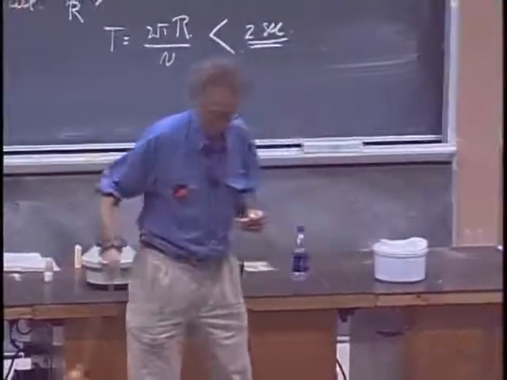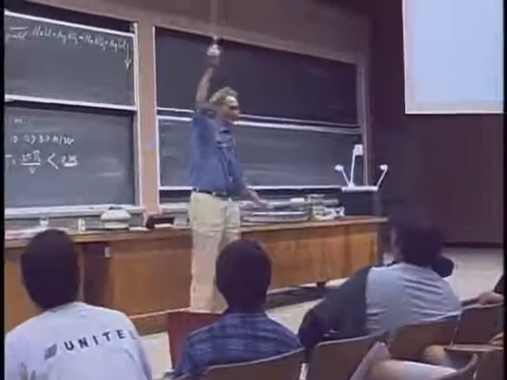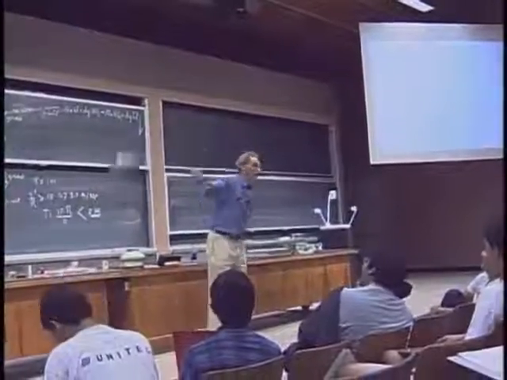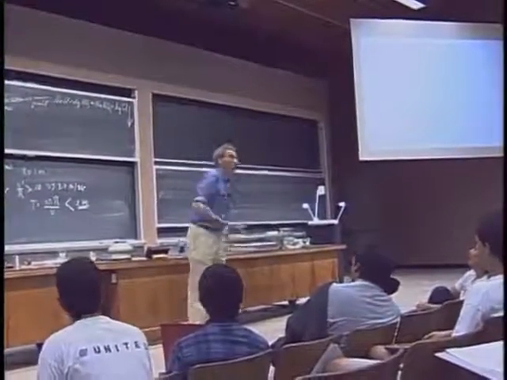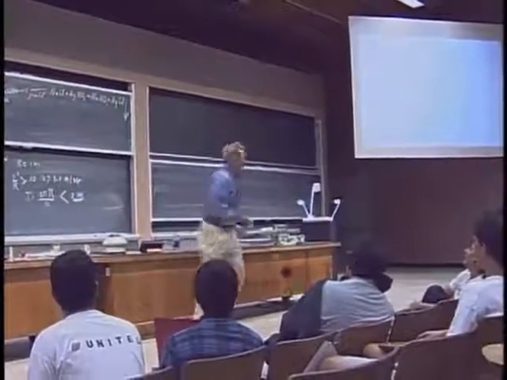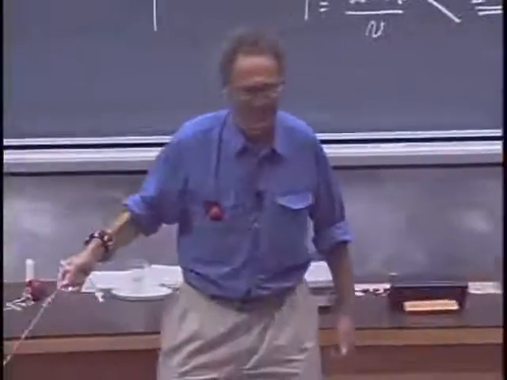Okay. There we go. You see the water is completely fooled. And notice that I go around substantially faster than in 2 seconds. And the water, when it's up there, just thinks that gravity is towards the ceiling. Physics works.